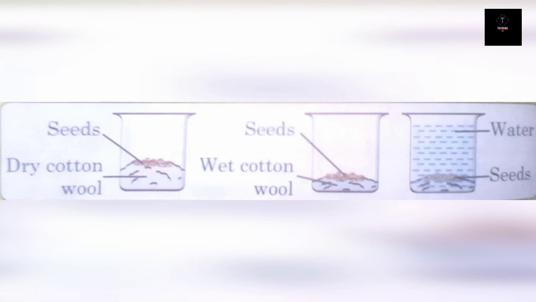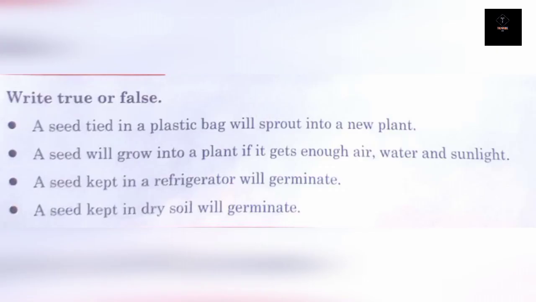You have to arrange these 3 beakers or containers, and germinate these seeds as per instructions, and observe whether the plants are growing or not growing, and make sure why they are growing and why they are not growing. So you have to make a list of those that are growing, and a list of those that are not growing.